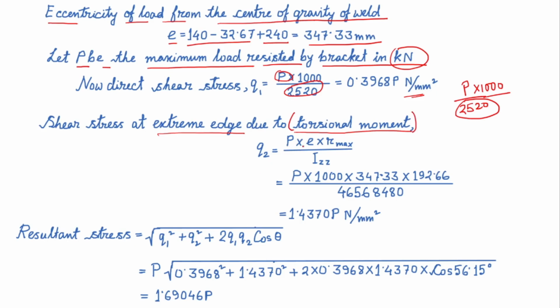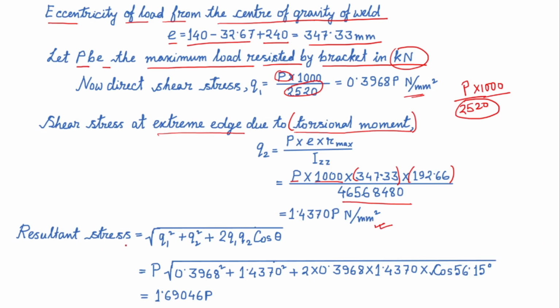Q2 is P into E into Rmax by IZZ. IZZ we have calculated. P we have assumed, P into 1000 converted into Newton. Eccentricity we have calculated 347.33. Then Rmax we have already calculated, 192.66. So finally Q2 is 1.4370 P Newton per mm square.